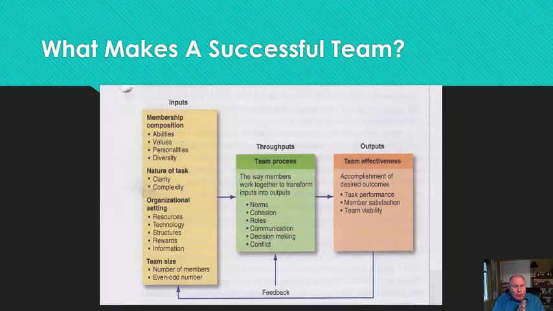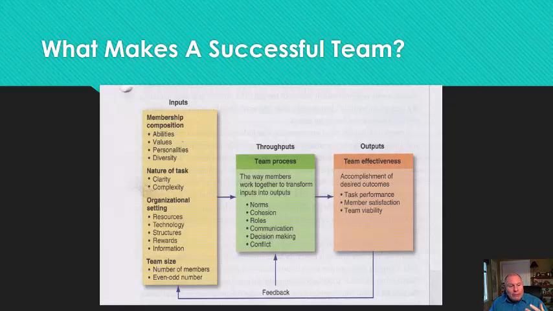What are the throughputs? This becomes very important because teams don't just start working together. Group people together. Even if we put them together, we get the right mix of people, we have a very clear task of what to do, we have the resources laid out, but what are the throughputs? What is the process that's going through?